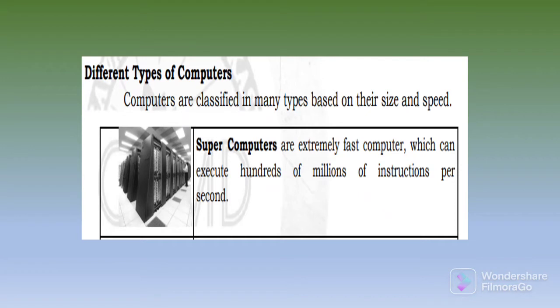Supercomputers are extremely fast computers and can execute hundreds of millions of instructions per second.